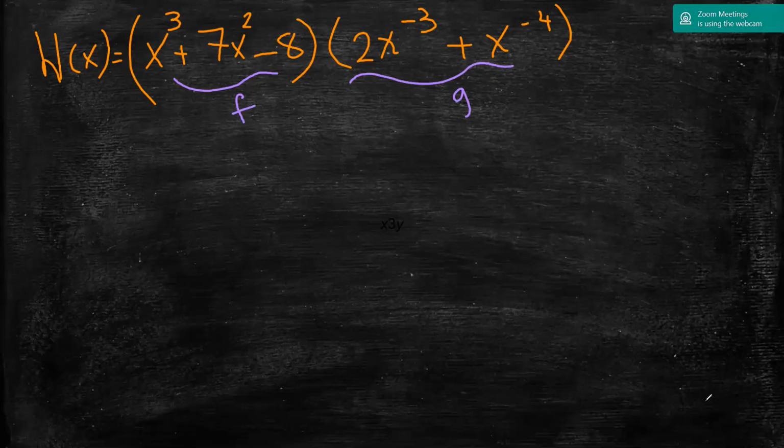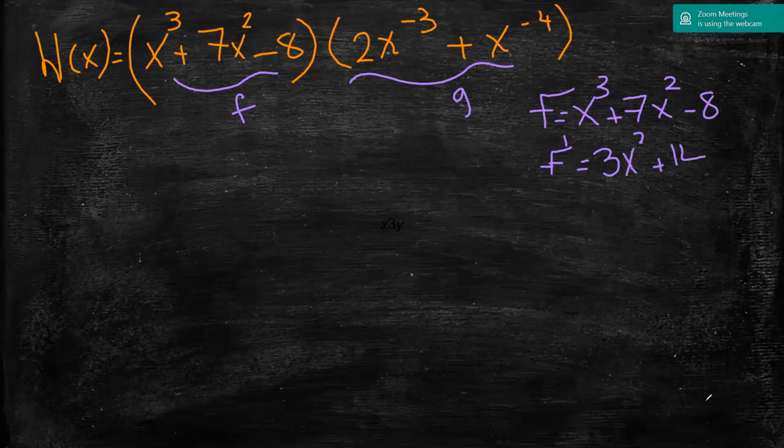So if f is x cubed plus 7x squared minus 8, f prime will be 3x squared plus 14x.